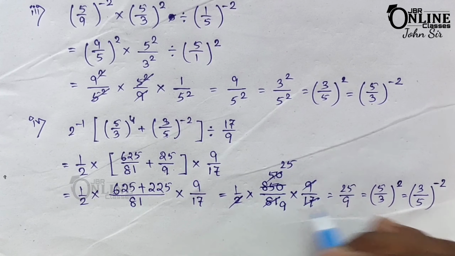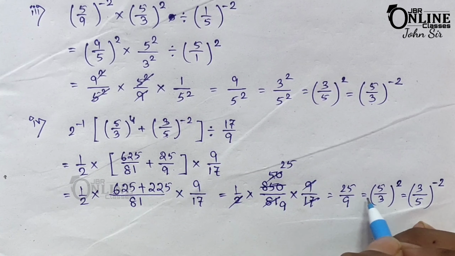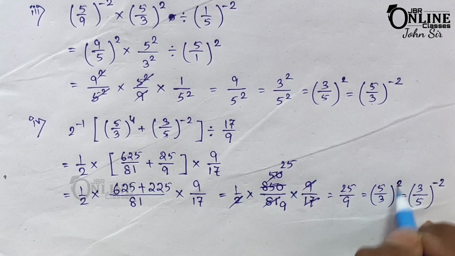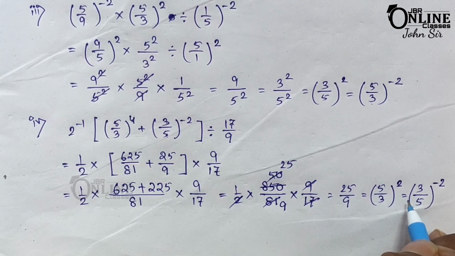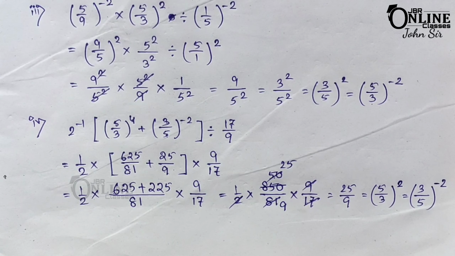So here 25 by 9 is the final answer. Now you have to change it into exponential form. So 25 means 5 square and 9 means 3 square, so 5 by 3 whole square. Again you have to change it to negative exponent, so that's why 3 by 5 whole to the power minus 2 is the final answer.